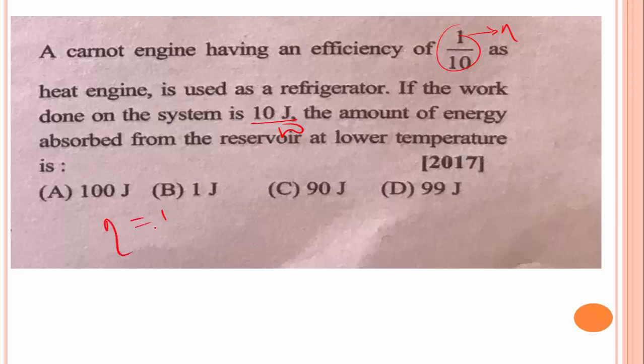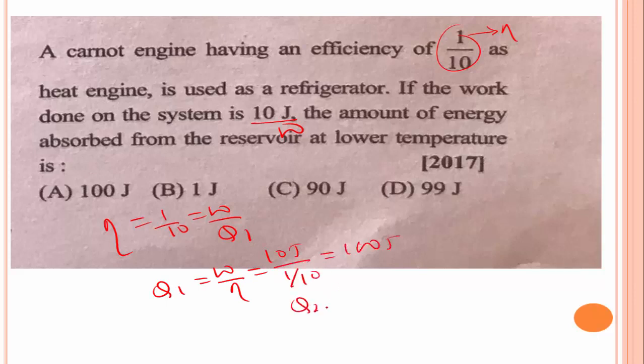Eta is equal to 1 by 10, which is W divided by Q1. Q1 is equal to W divided by eta, that is 10 joule divided by 1 by 10, which is 100 joule. Therefore, Q2 is equal to 100 minus 10, that is 90 joule. Option C is the right answer.